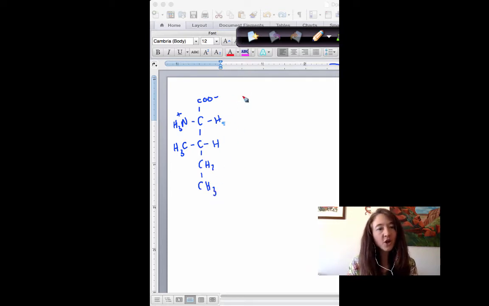Beautiful. Let's go ahead then and note, as we already are aware, that this is L-isoleucine, as is true with all of our common 20 standard amino acids.